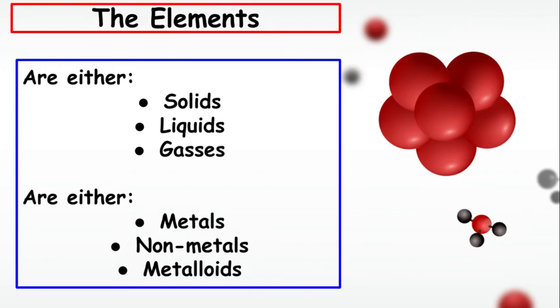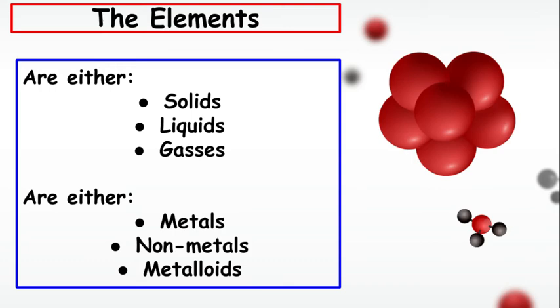Now, the elements fall into two categories. They can be described either as solids, liquids, or gases, and they also can be described as metals, nonmetals, or metalloids. For example, iron. Iron is a solid.